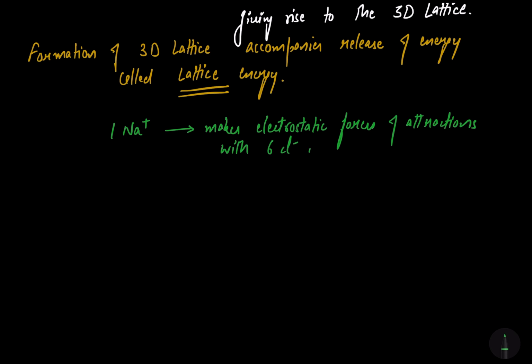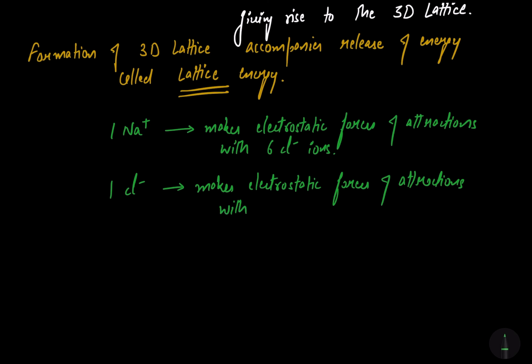and on the other hand, 1 Cl negative makes electrostatic forces of attraction with 6 Na positive ions in 3 dimensions, and here also in 3 dimensions, which will give rise to a 3D lattice.